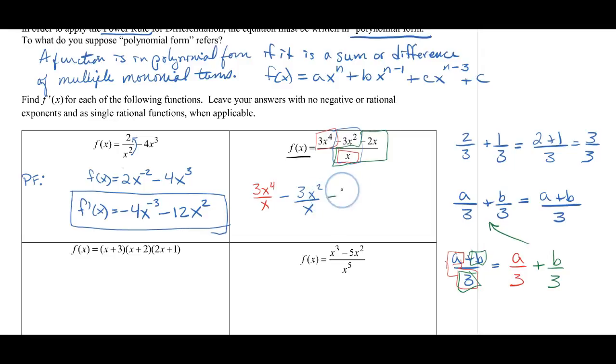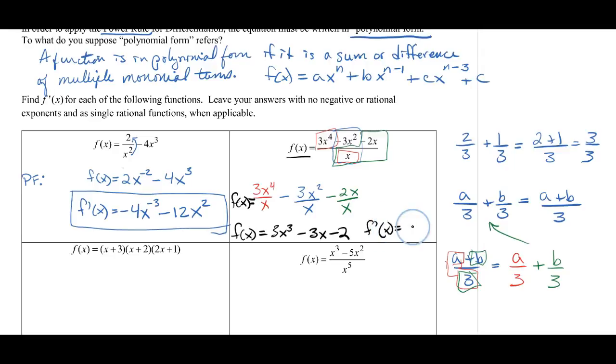And these ones, negative 2x over x. And this is now my function. Still the original function, all I'm doing is rewriting it in polynomial form. I can reduce each of these terms, and I get 3x cubed minus 3x minus 2.